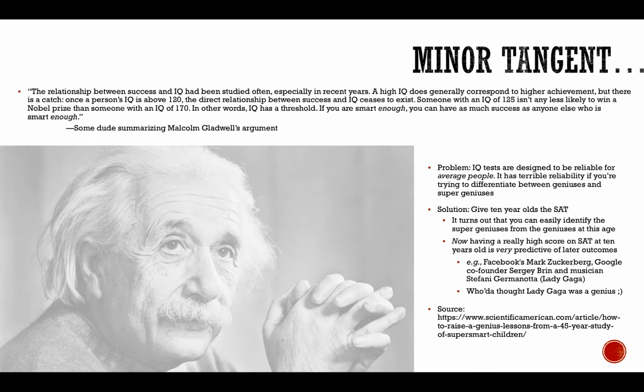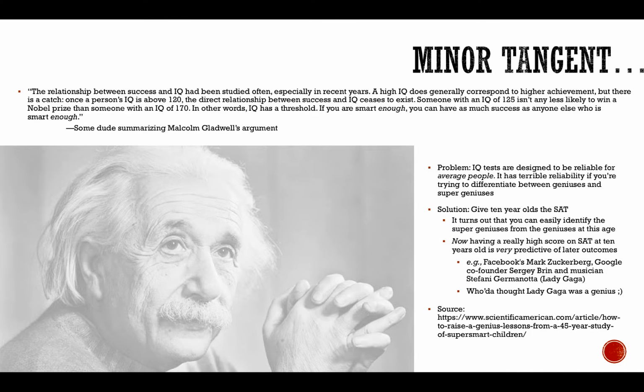So, a minor tangent. Let me read a comment on Malcolm Gladwell's, I think this is the Outliers book, Common Myth. I'll just read the quote. The relationship between success and IQ has been studied often, especially in recent years. A high IQ does generally correspond to higher achievement, but there is a catch.